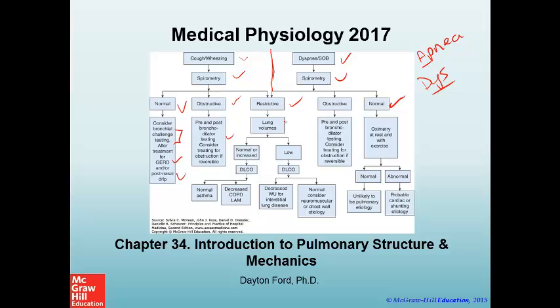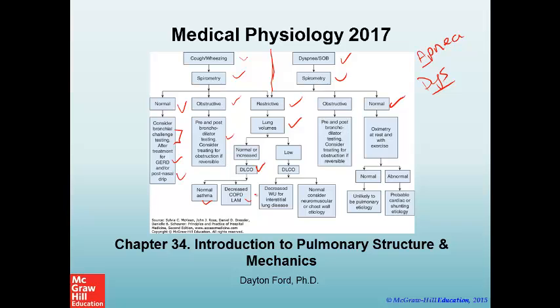So you would check the lung volumes. Normal lung volumes, you would then check the diffusion capacity. It's a DLCO test, diffusion capacity of oxygen. So you would give someone oxygen and see what their diffusion capacity was by measuring their arterial oxygen. If it's normal, you may suspect that person has asthma. Their lungs are working normally, it's just the bronchial tubes are constricted.